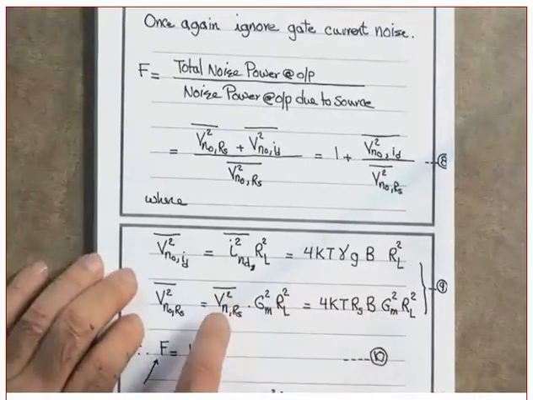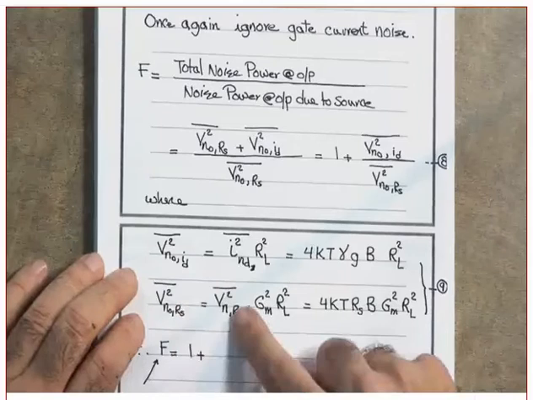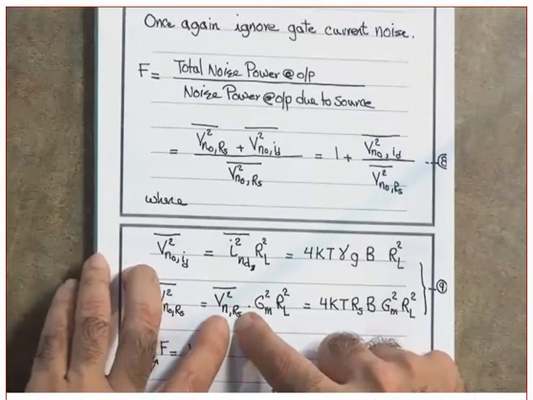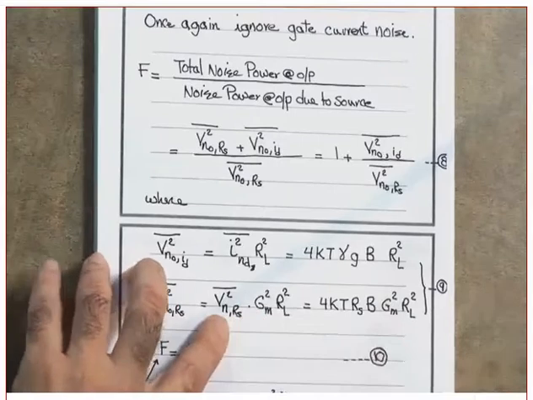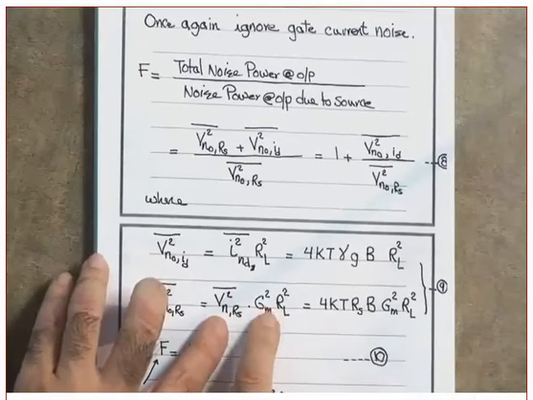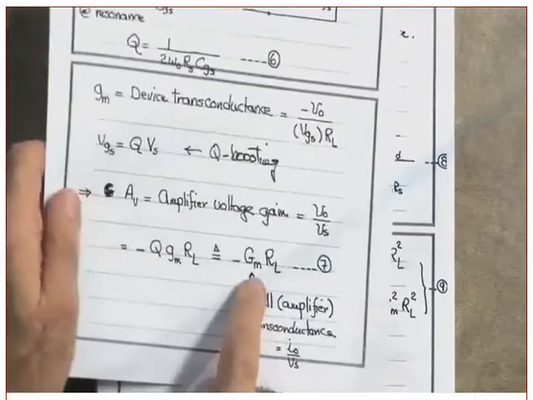What is it? It's VN square RS bar. What is this? That's the mean square value of the noise due to the source at the input. And what am I multiplying it by? GM square or L square. Where did this come from? This is the square root of this guy.